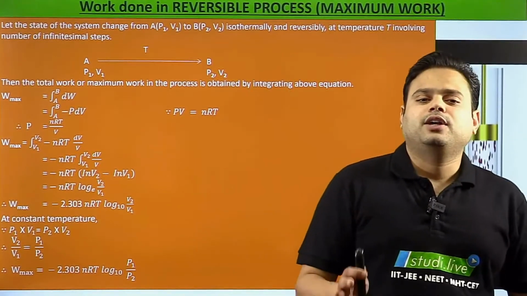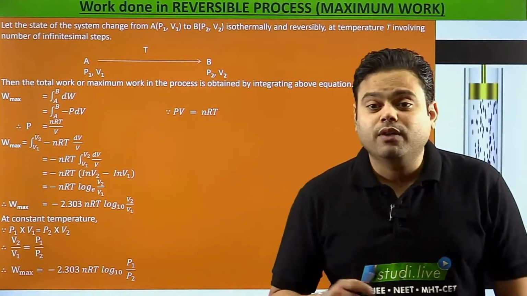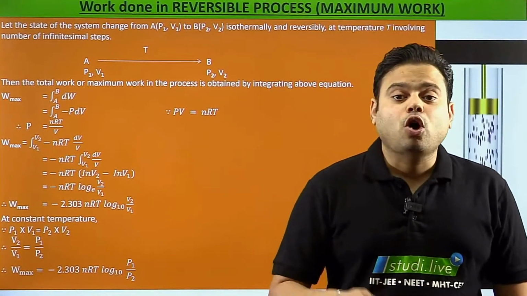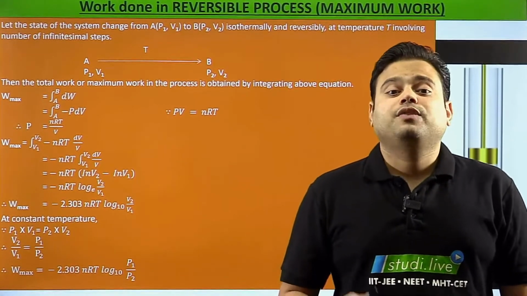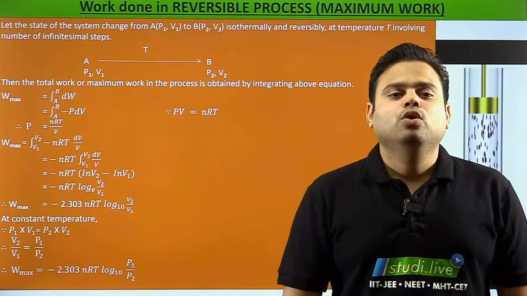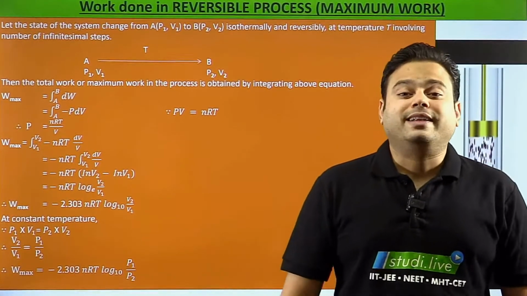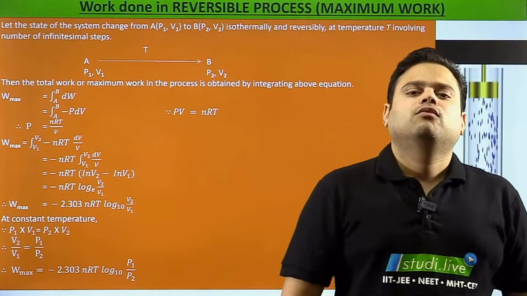Okay, nRT को हमने बाहर निकाल दिया. Okay, V2 minus V1, and when we introduce log, negativity gets replaced into division, so we have log to the base e of V2 by V1, that is final volume upon initial volume.